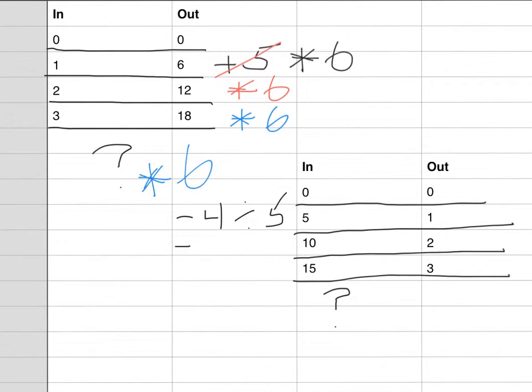That would be minus 8 and divided by 5. So the subtraction ones are out. And the last one, let's just check. 15 divided by 5 does indeed equal 3. So my rule here is dividing by 5 to solve that in and out function table.